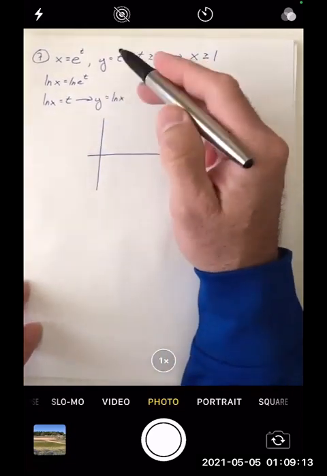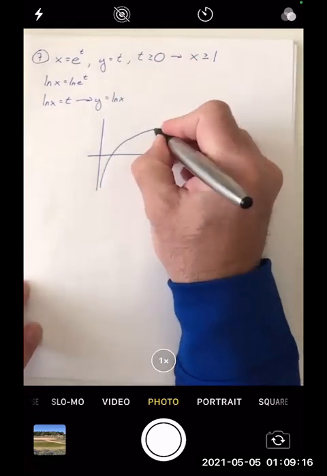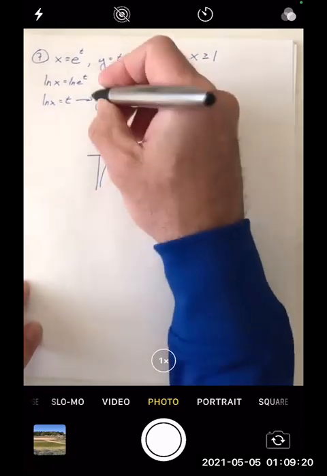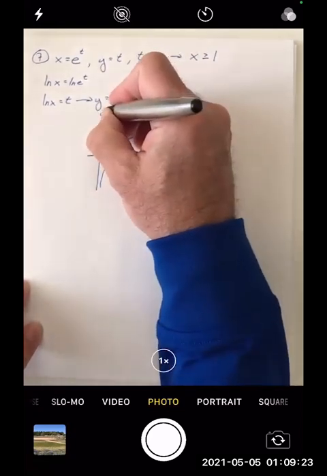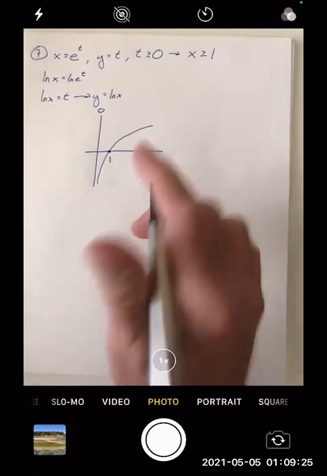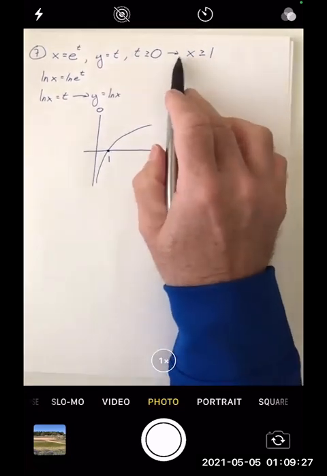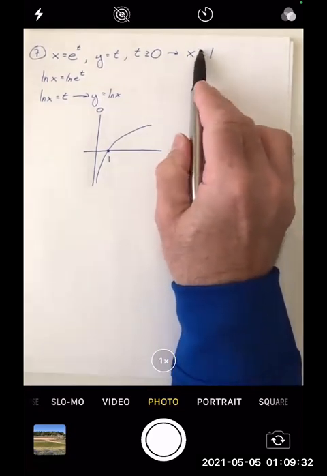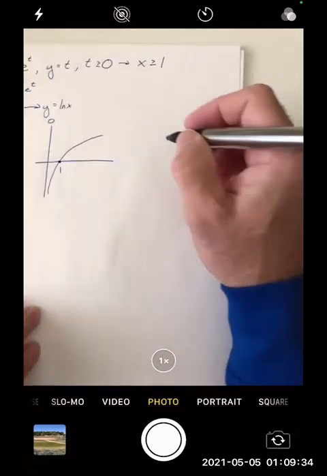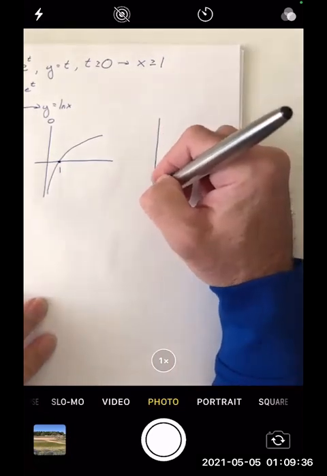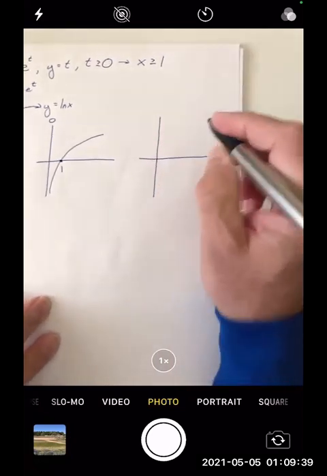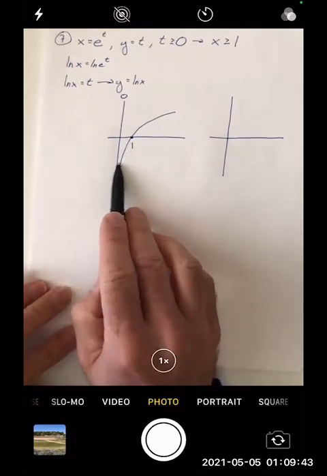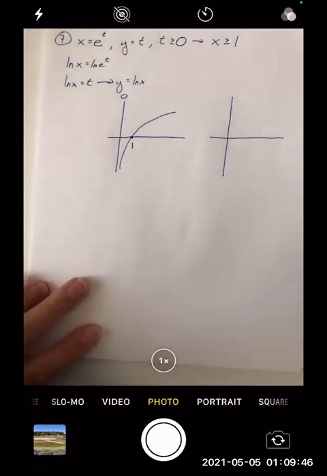All right, so the graph of ln of x just goes like that. It has an x-intercept of 1. It has a vertical asymptote at 0. But we need to remember our restriction on the x's. So x can only be greater than or equal to 1. So anything that was smaller than 1, which is this little section here, has to just disappear.